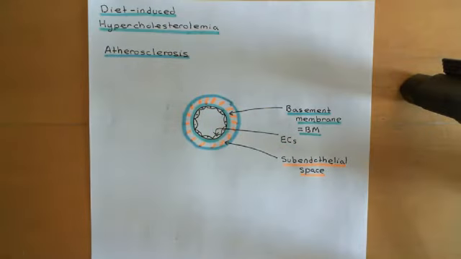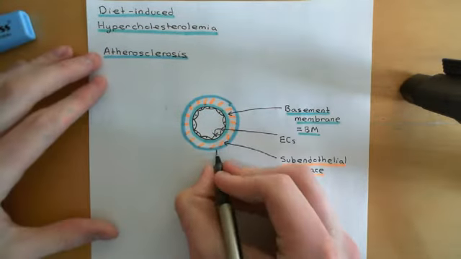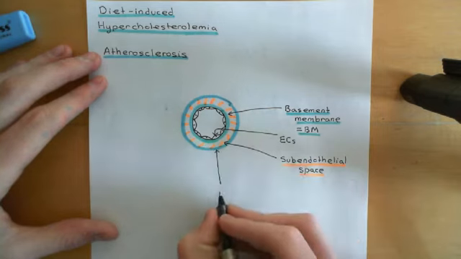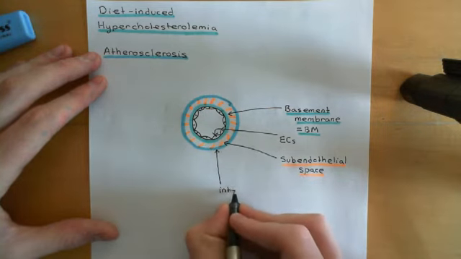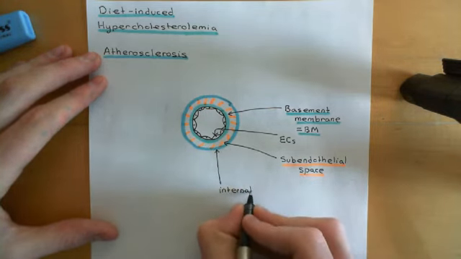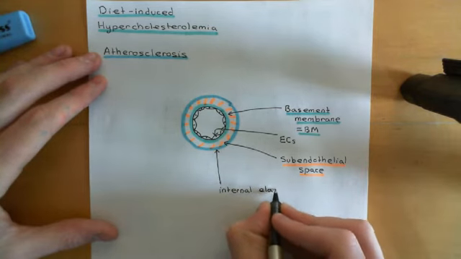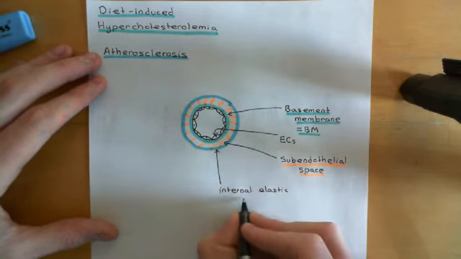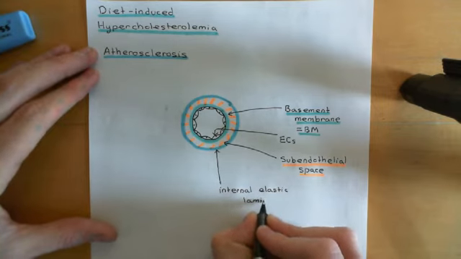This layer is called the internal elastic lamina. So in blue, this is the internal elastic lamina, and there is also going to be an external elastic lamina, which we'll see later on.